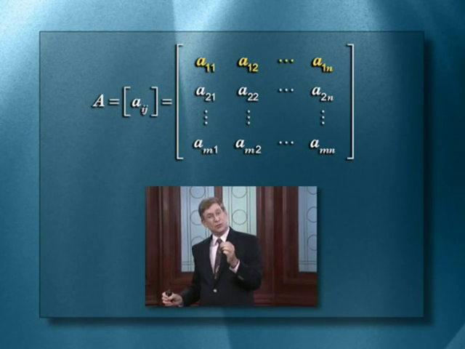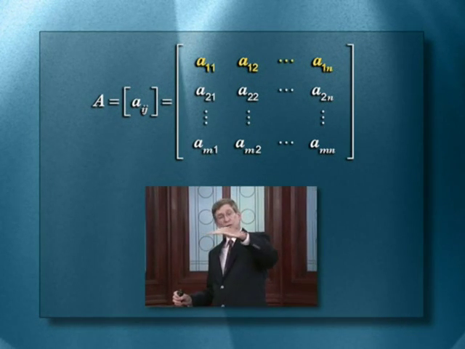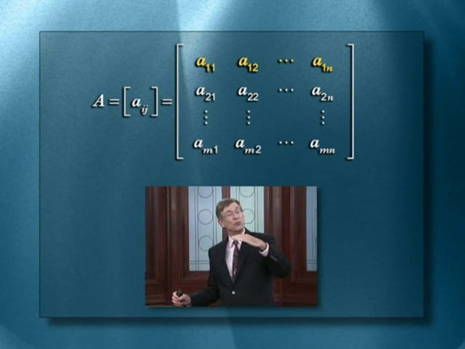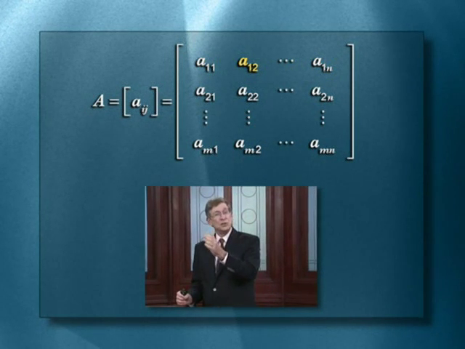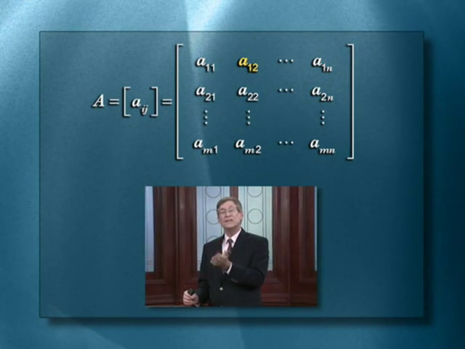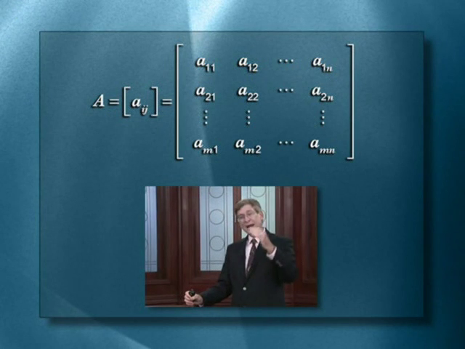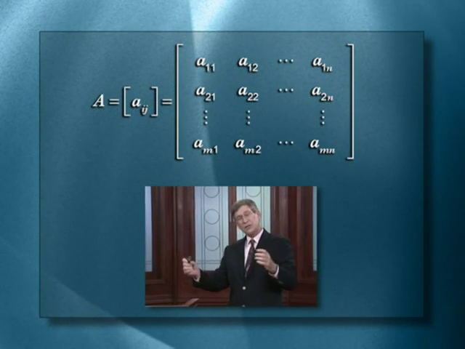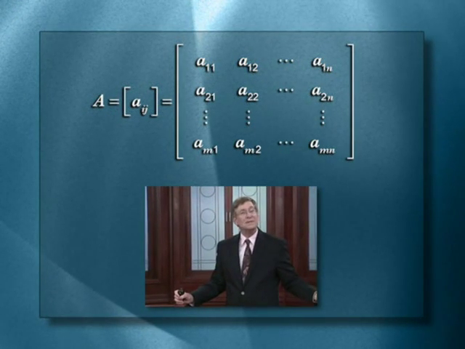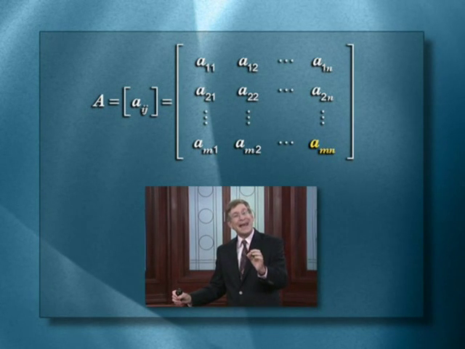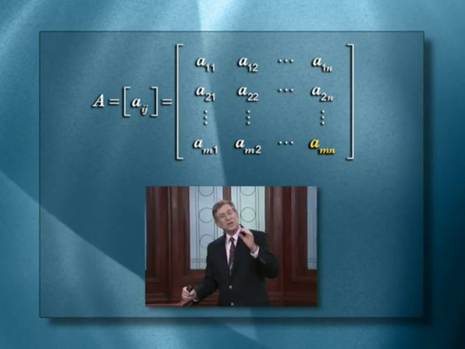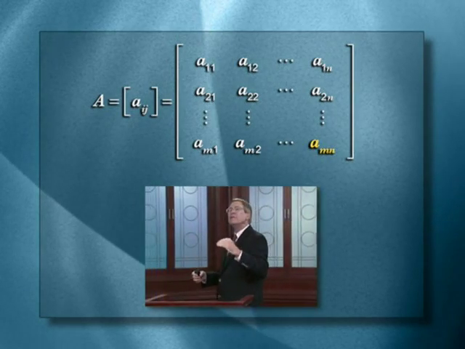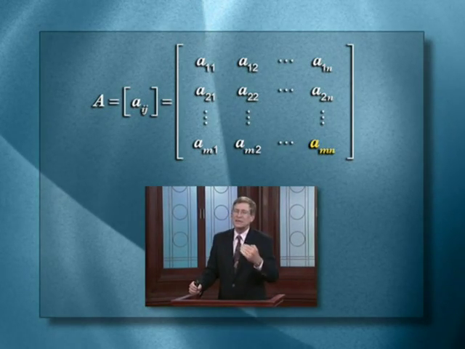That first subscript, the 1, refers to the fact that that's the first row. And the second subscript indicates what column you're in. So a sub 1,2 is in the first row, second column. And you go on down in that array until the bottom right-hand number, a sub mn, that's the entry in the mth row and the nth column.